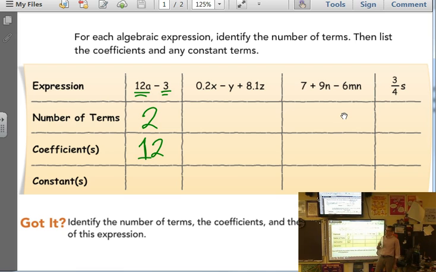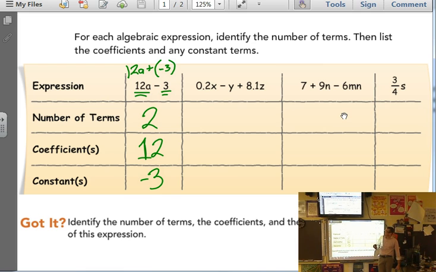Remember, the coefficient's only the number in front of the variable. The a is the variable, and it doesn't ask me for the variable. And what's the constant here? The constant is 3. Actually, we're going to say the constant is a -3 because, I know it's tricky, this would actually write out 12a plus -3. We've just simplified it. See, that's the danger.